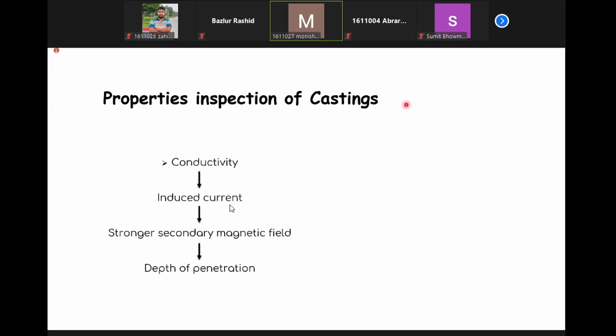For eddy current, the conductivity of the material or casting that we are examining is important. If the conductivity is higher, the induced current will be higher, and the secondary magnetic field induced will be higher, and it will start to oppose the primary magnetic field, reducing the depth of penetration.